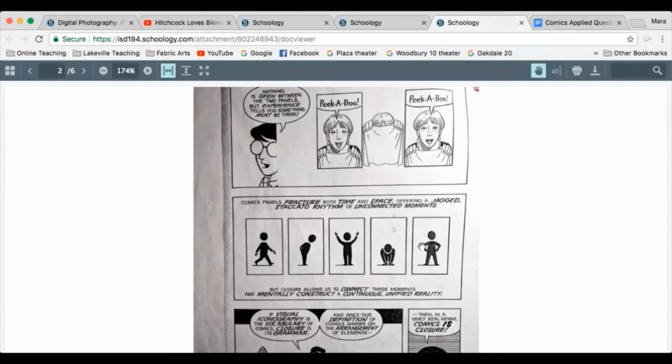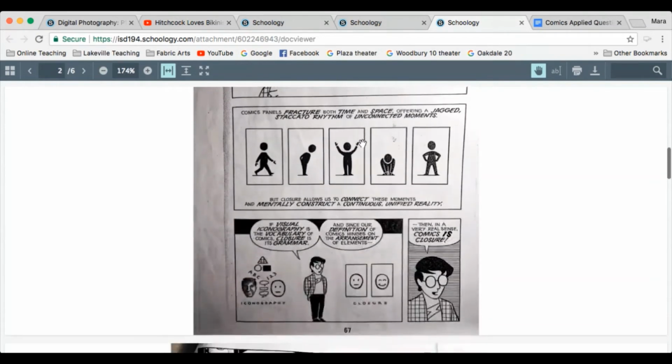Then the next word that we have is composition. We've talked about composition in photographs. We're looking at where things are on the page or in a photograph with the rule of thirds. That was one of the things that we looked at with photographs, putting things on those crosshairs, not bullseyeing it in the middle. But in comic books, we're not just looking at one panel when we're talking about composition.